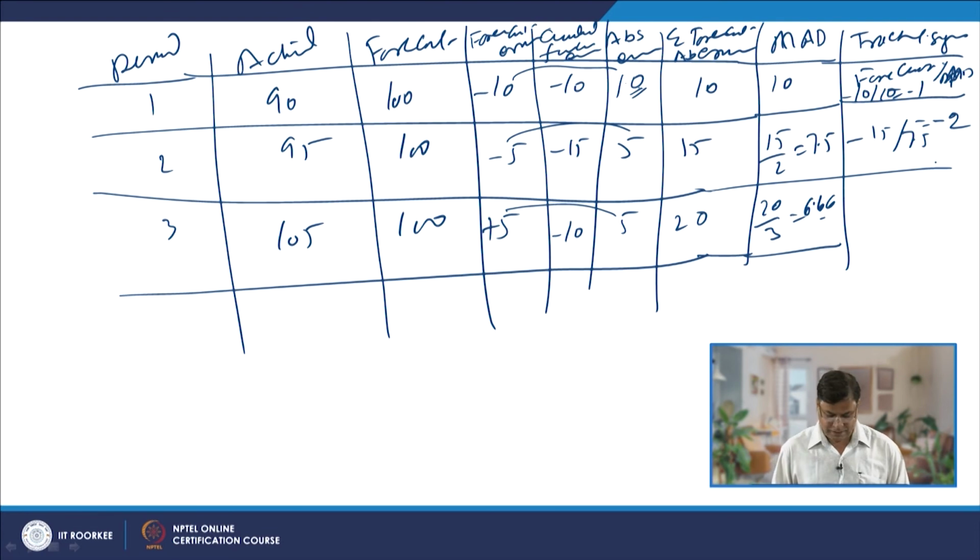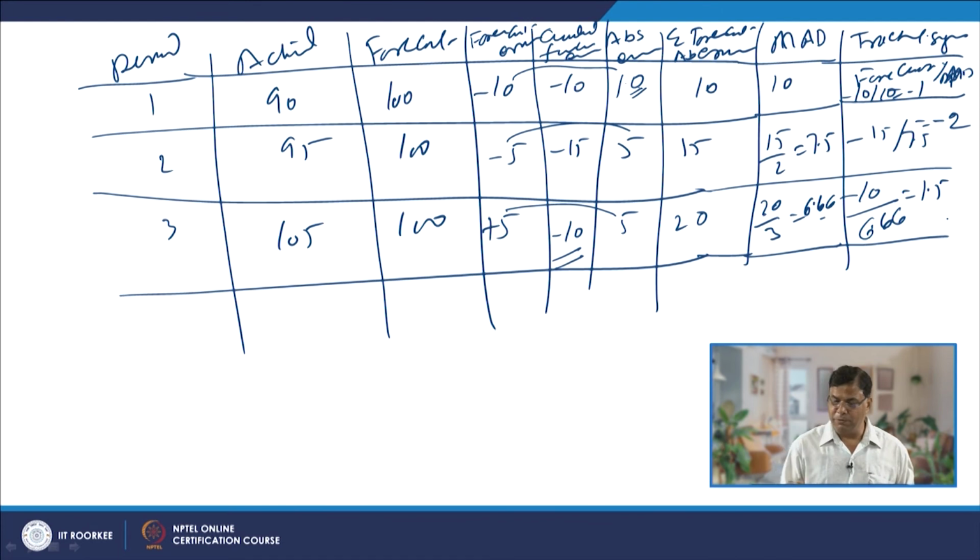For the third, the cumulative forecast error is minus 10 divided by 6.66, so here it will be say minus 1.5.